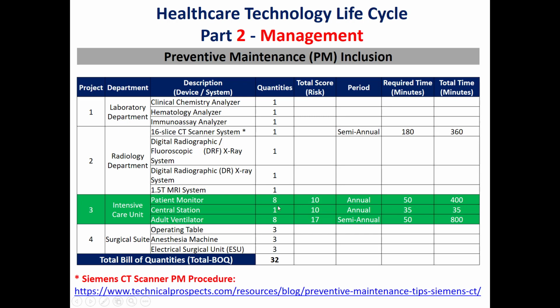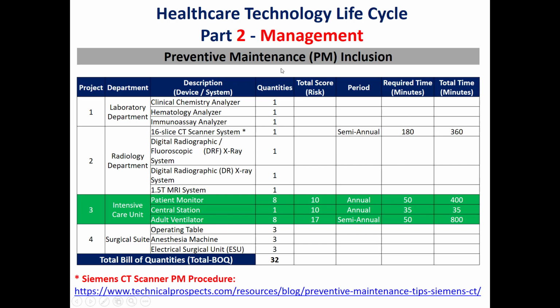As we can see, for each device we should have a risk number, and based on this risk number we will decide if this device will be included or excluded from the preventive maintenance schedule, and the required period, if it's annual or semi-annual or other period.